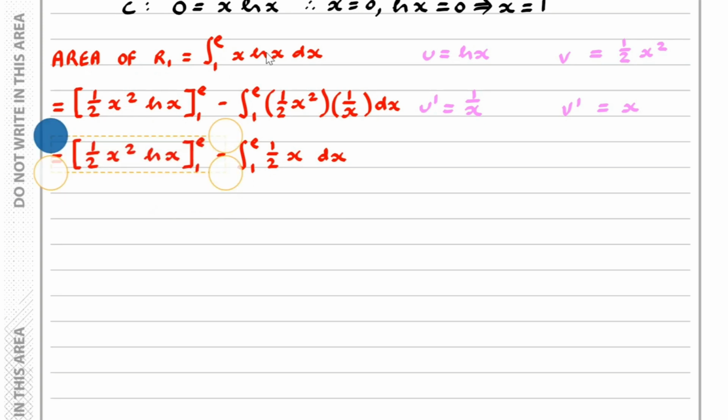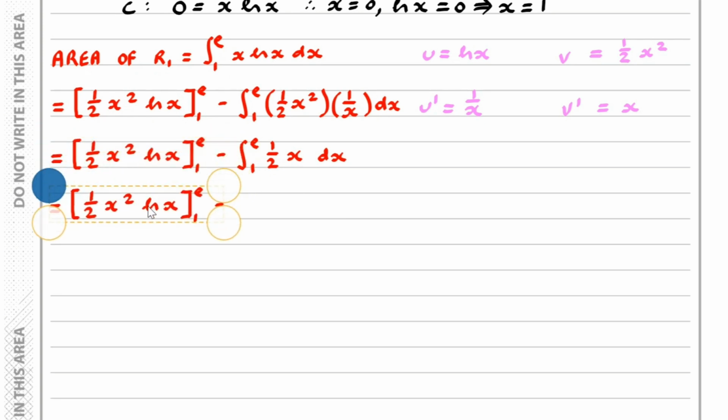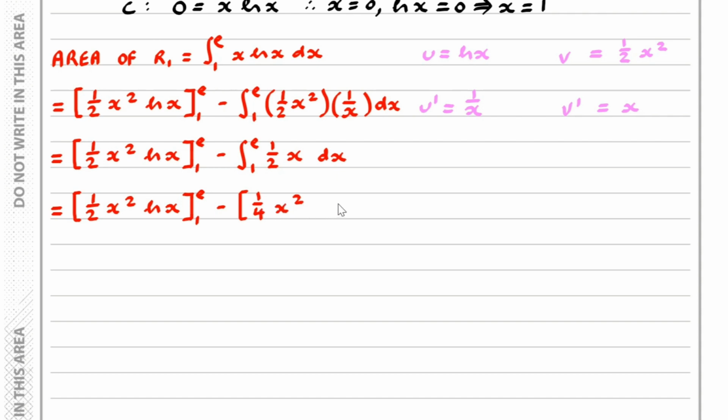So, this bit stays the same, and then if I integrate 1/2 x in between 1 and e, that means I need to evaluate 1/4 x squared in between 1 and e.